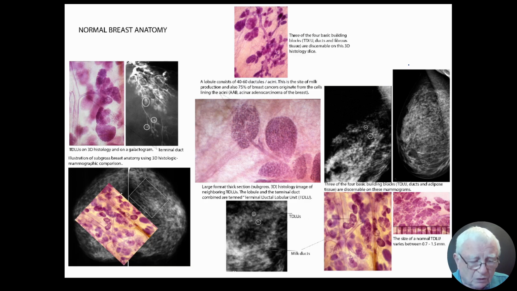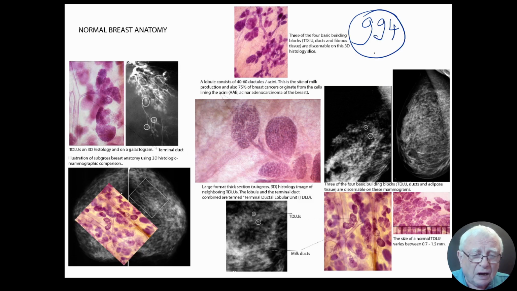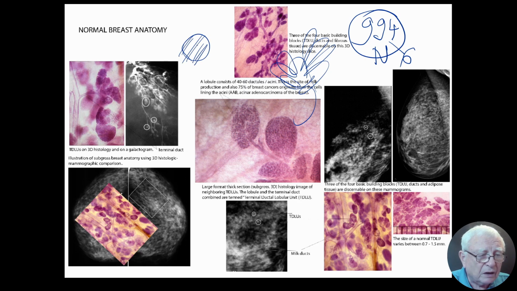So let's go back to the normal, because this is what the radiologist is exposed to. 994 times you and I need to say normal. Well, of course, we cannot do that. We cannot just pick the 6 cancers, because there are the radial scars and other arch enemies of the radiologist, the cysts, the fibroadenomas, the papillomas, the different types of adenosis.